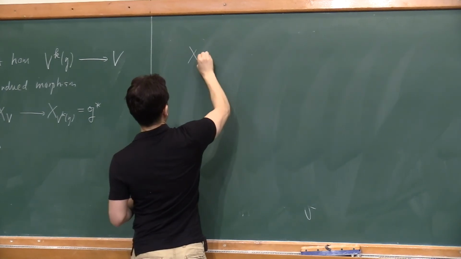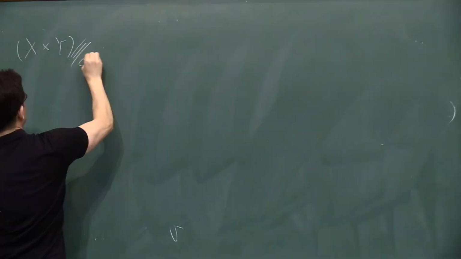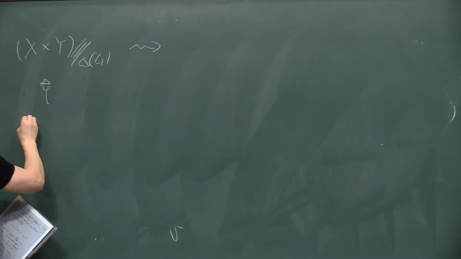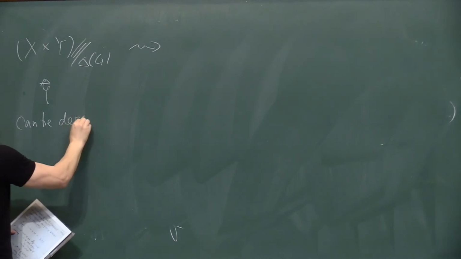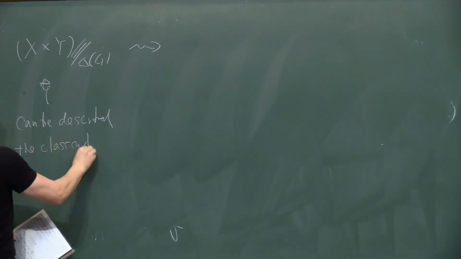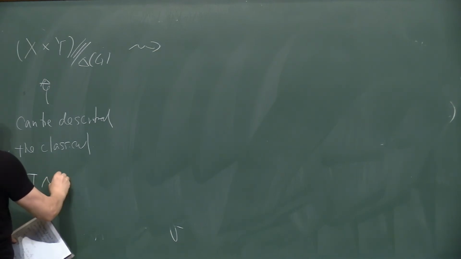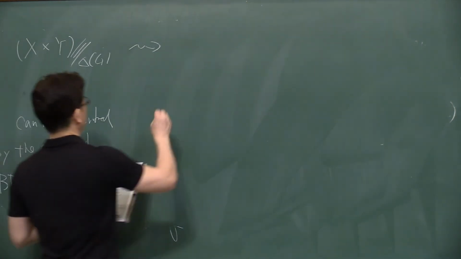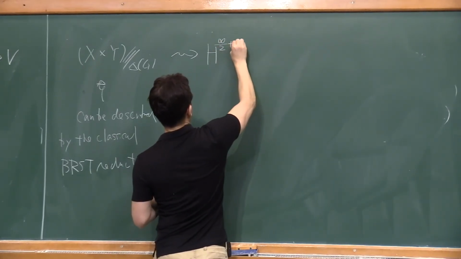Next, what should be the analog of this symplectic reduction? As I said in the beginning of today's lecture, symplectic reduction can be described by the classical BRST reduction, although I don't explain what it is. You can upgrade this BRST cohomology to the BRST cohomology of the corresponding vertex algebras, and you find that it's the same as the so-called relative semi-infinite cohomology.